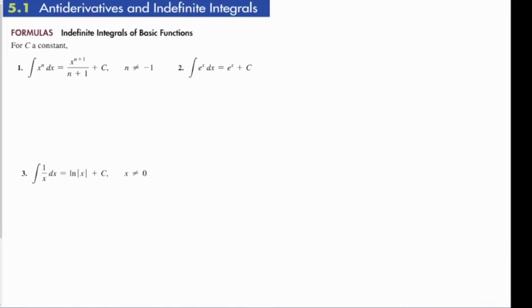So we continue now. They give us some formulas that we can use here. It says that when we are looking for the antiderivative of x raised to a power, then we can add 1 to that power and divide by that new exponent. This is the power rule in reverse.